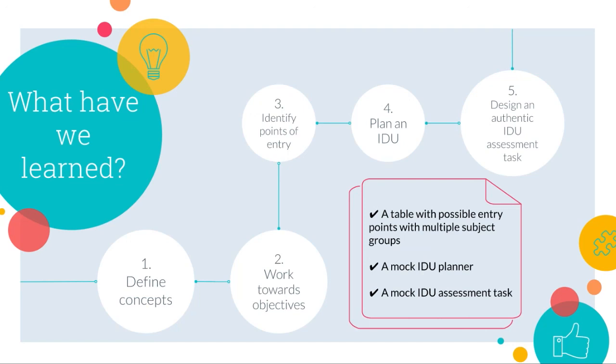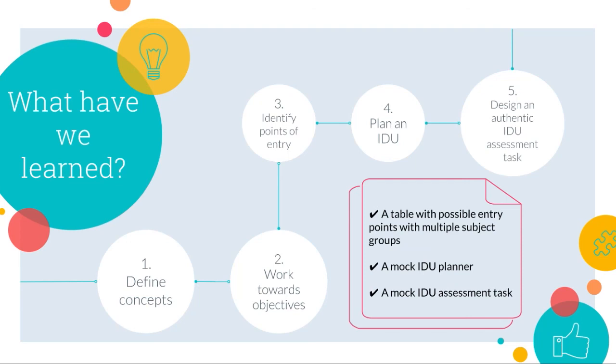We also know that it is very important to work towards objectives. We know where we can find them, and we know that we have to address the different strands within each criterion. We have also identified multiple points of entry, and we have seen many examples.